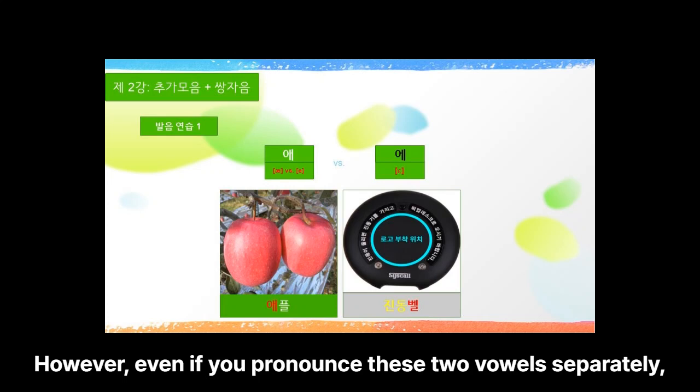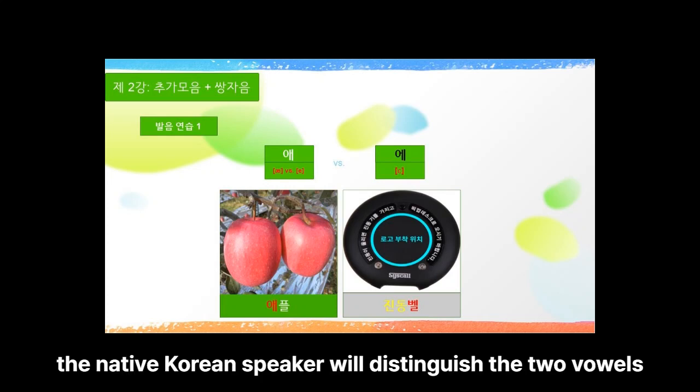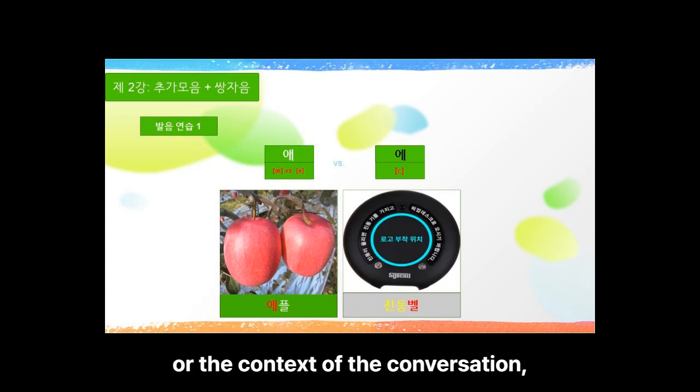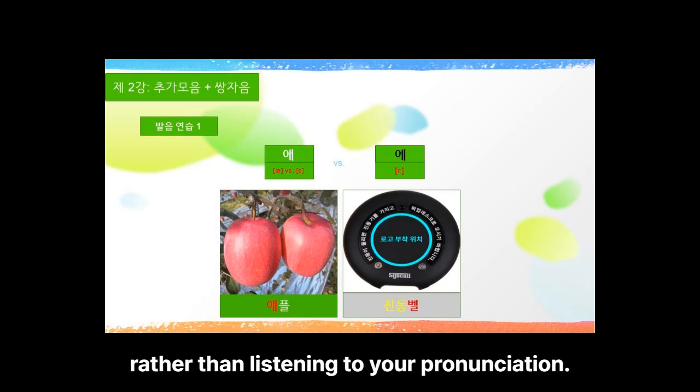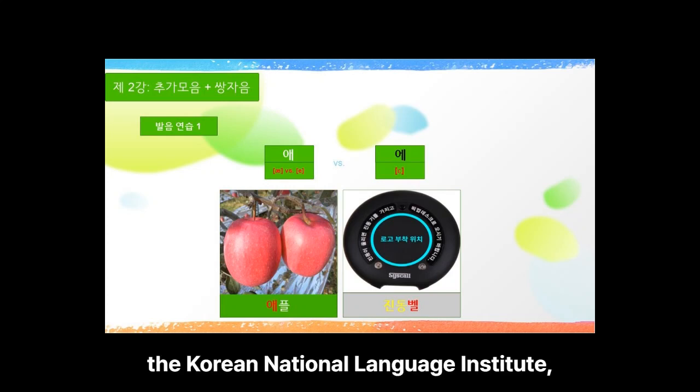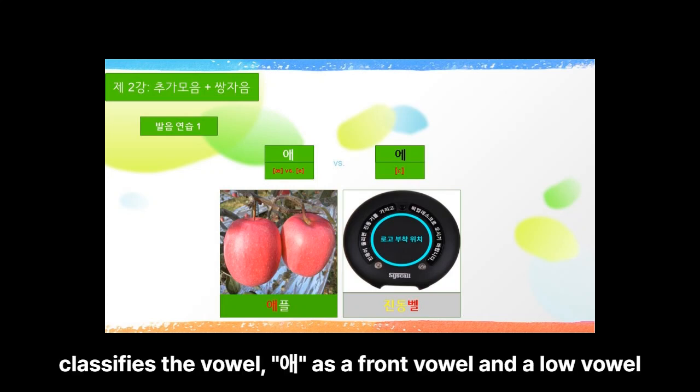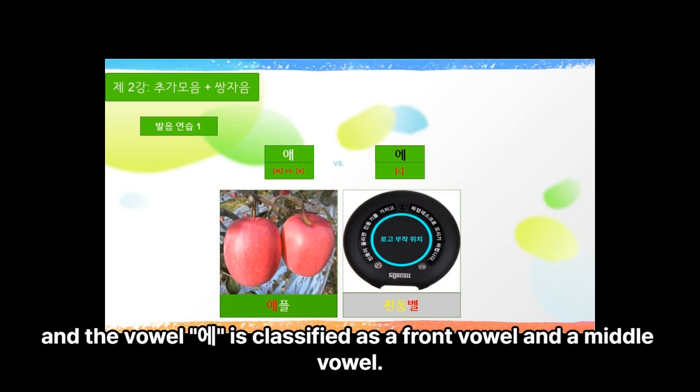However, even if you pronounce these 2 vowels separately, the native Korean speaker will distinguish the 2 vowels by relying on the meaning of the word or the context of the conversation rather than listening to your pronunciation. For reference, the Korean National Language Institute classifies the vowel a as a front vowel and a low vowel, and the vowel e is classified as a front vowel and a middle vowel.